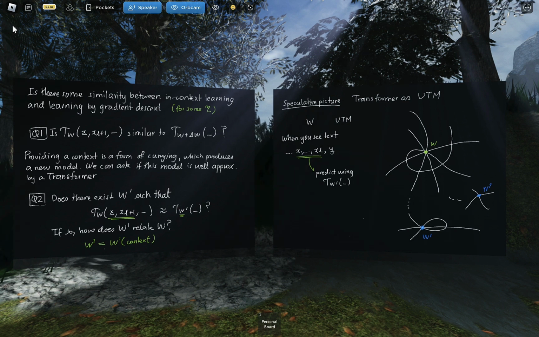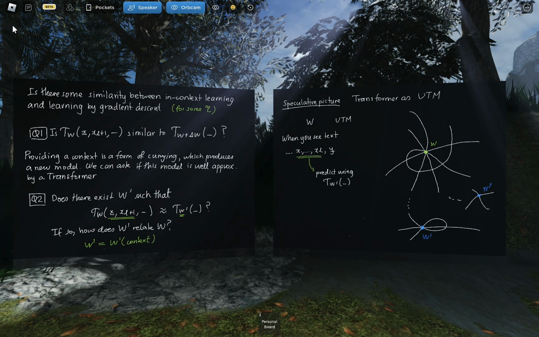Does that make sense? So, effectively restricted changes from w to w prime. Like w prime is not just a function of a context, it's a function of a context and w as well. Right. Okay.